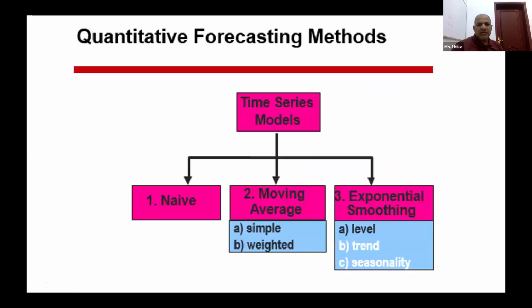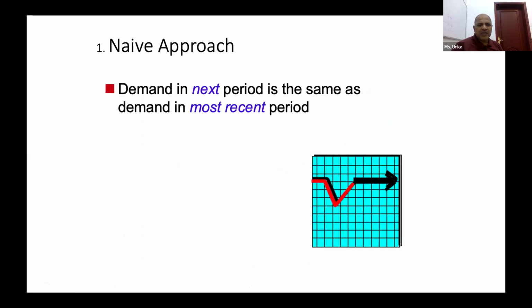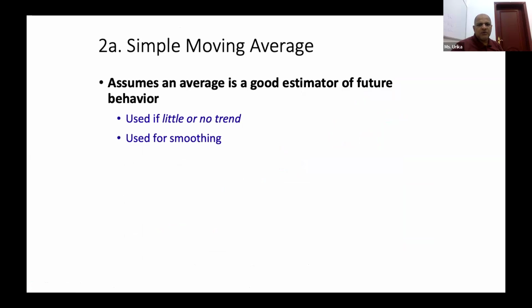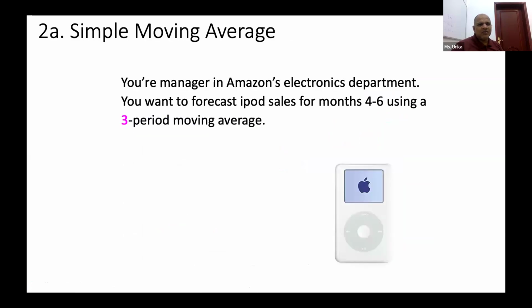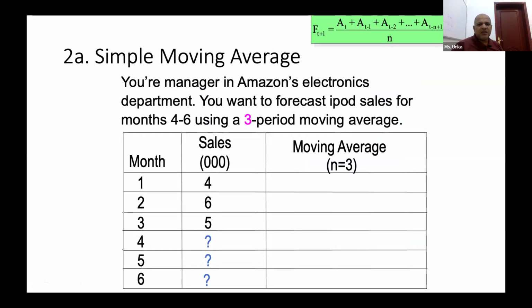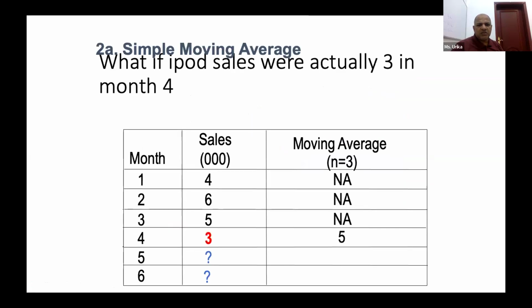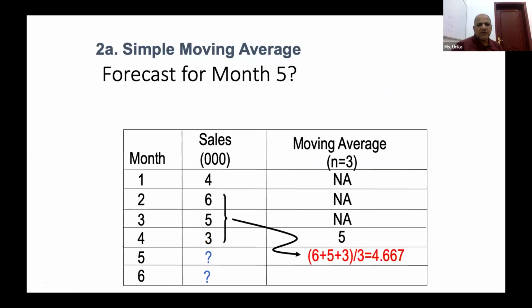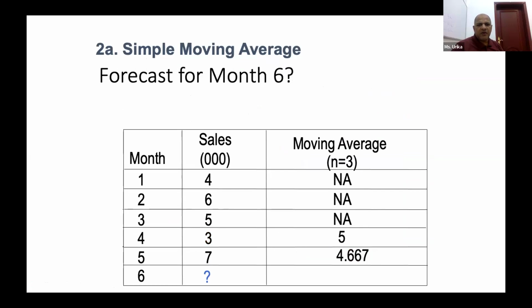Now in the time series model, we are moving to the naive approach. You know the naive approach, and the simple moving average. This is how you are going to calculate simple moving average.